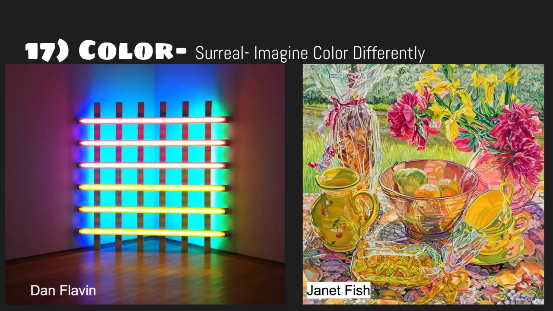So the multicolors look way cooler in person. Janet Fish has made a career out of being very bright. There's a lot of brilliant colors in her paintings. And so both of these artists are using extraordinary colors because they're so bright.